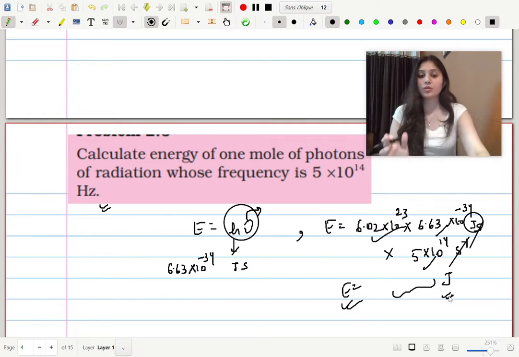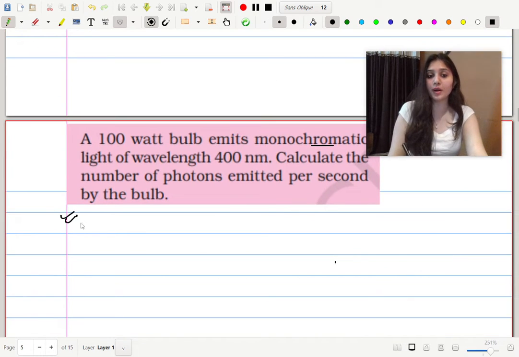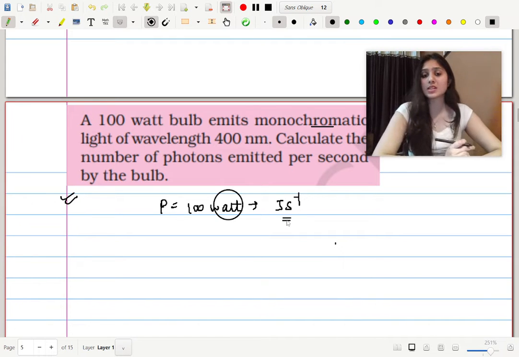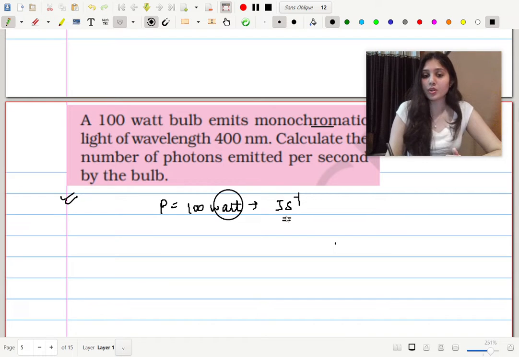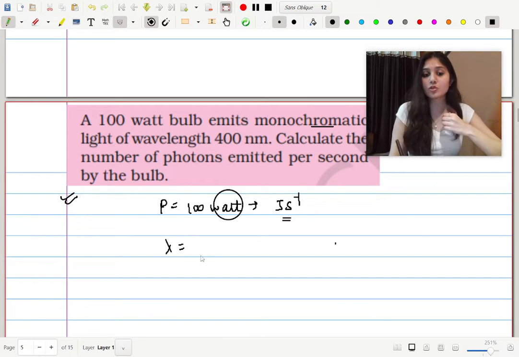Okay, next moving on, we have this question: a 100-watt bulb. The power is 100 watt. Watt is nothing but joules per second. So you can use this instead of writing watt, because it will be easier if you're cancelling out joules or per second somewhere. Power is given to me, and the bulb emits a monochromatic light of wavelength 400 nanometer.